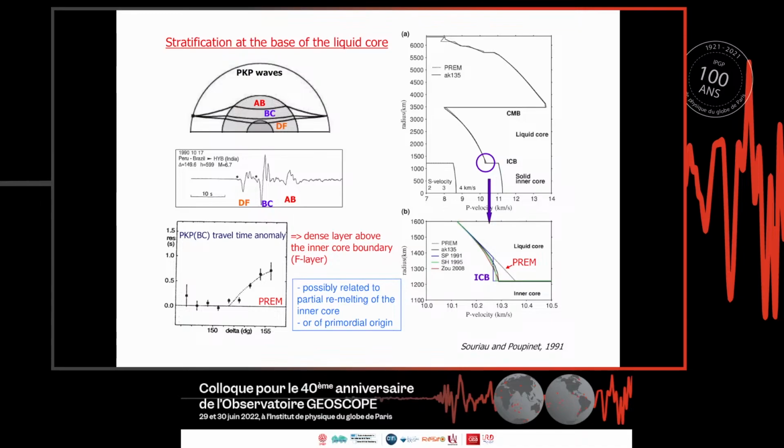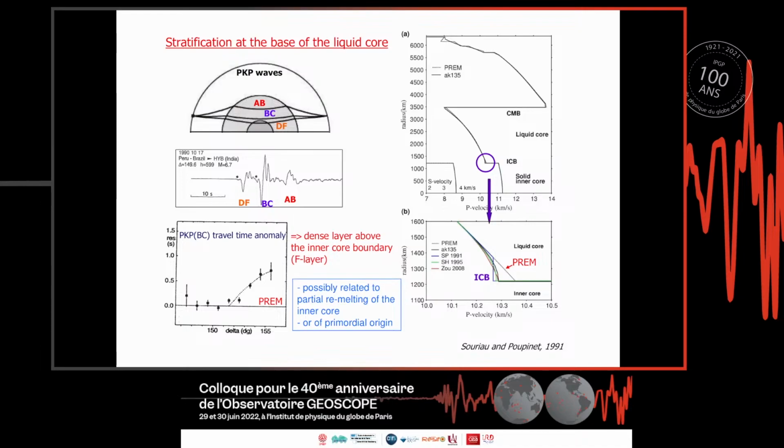PREM is an interesting model for that because it's a model built following the Adams-Williamson equation, which means that it's stable in stratification. If you take a piece of PREM and you displace it, it will stay where you put it. So it's a stable structure.